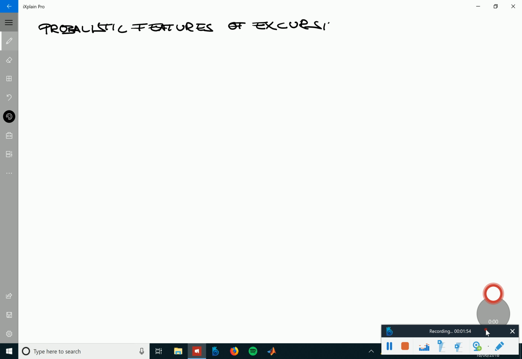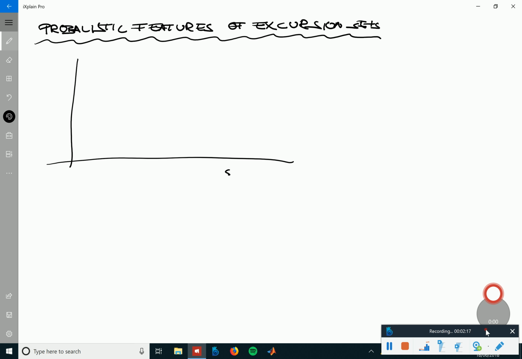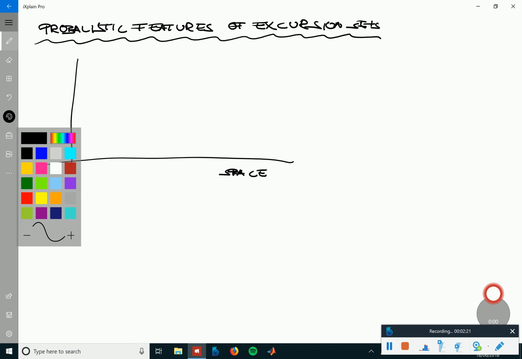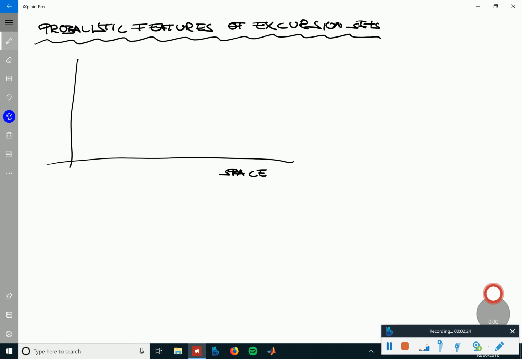And of course we are still talking about excursion sets of random fields which model the null effect of no activation anywhere in the brain, so nothing has changed. And we still have in 1D this same visualization where we have space, and we can draw realizations of our random fields, something like this.